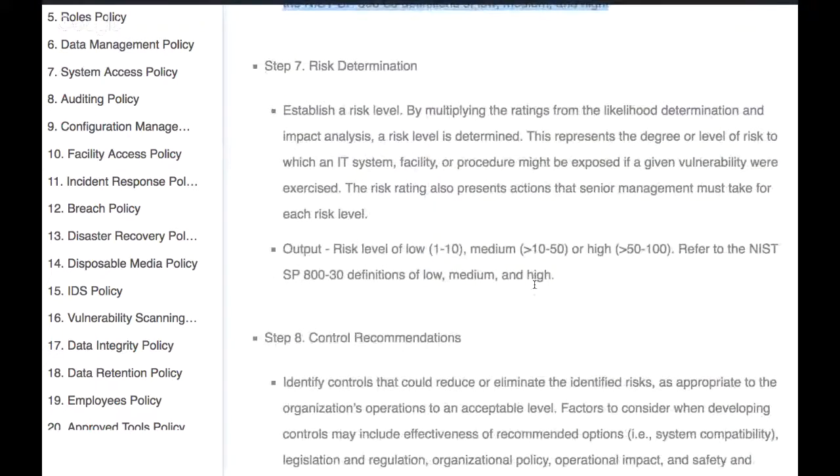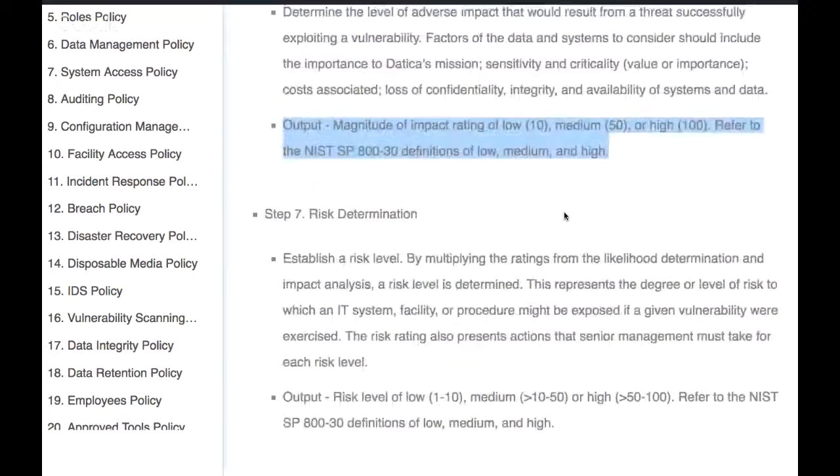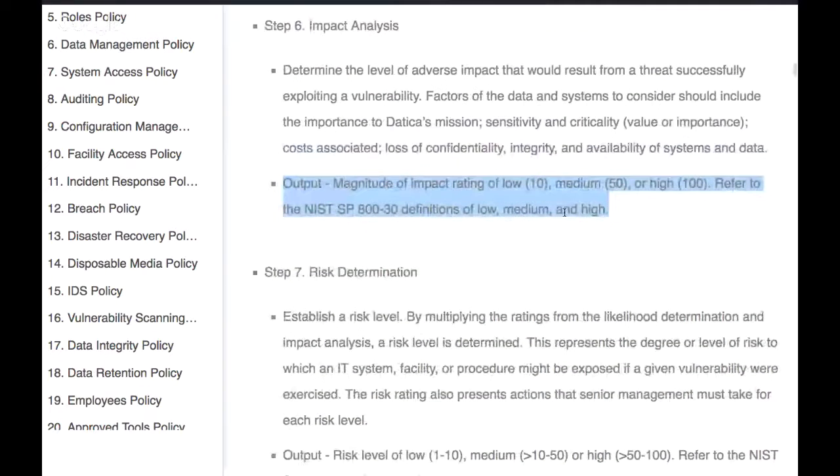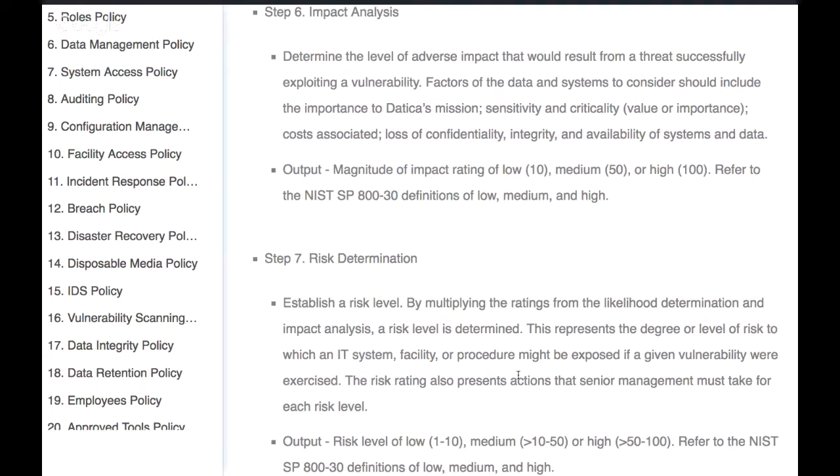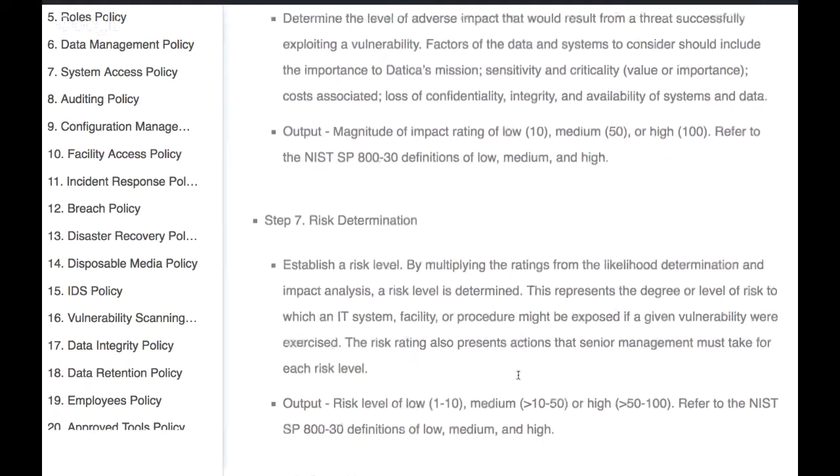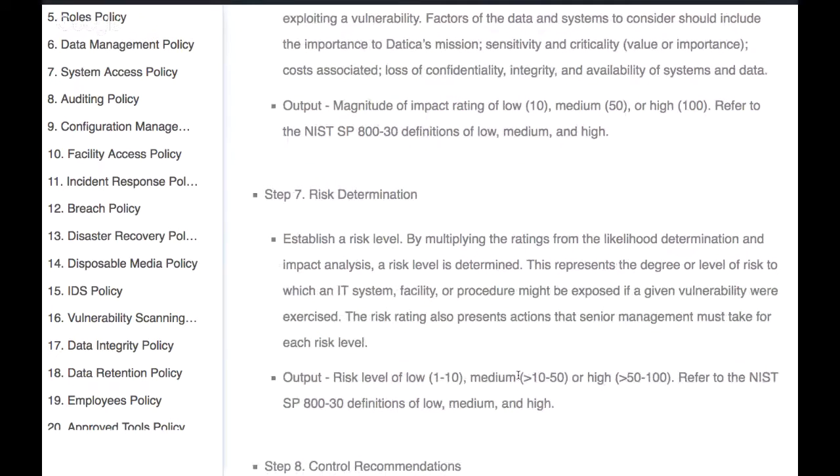Risk determination. Establish a risk level by multiplying the ratings from the likelihood determination and impact analysis. A risk level is determined. This represents the degree or level of risk to which an IT system, facility, or procedure might be exposed if a given vulnerability were exercised.